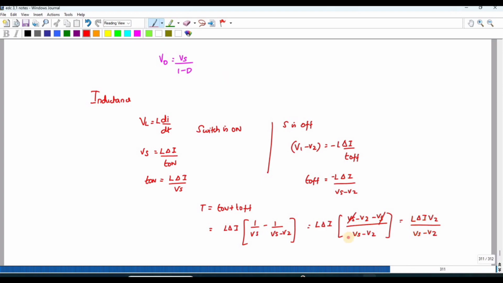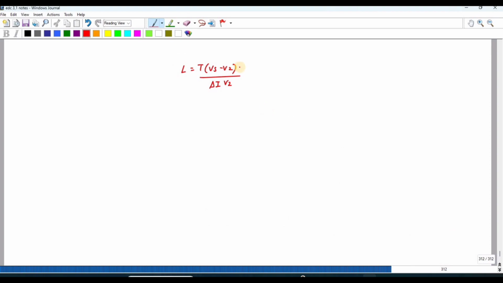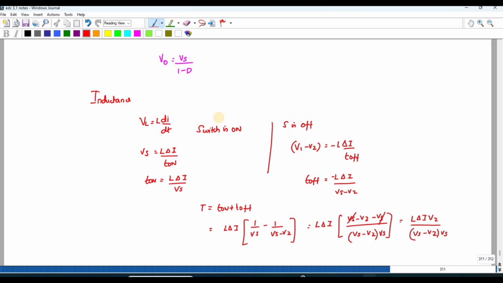Sorry, here you have Vs, right? So you have minus symbol here.